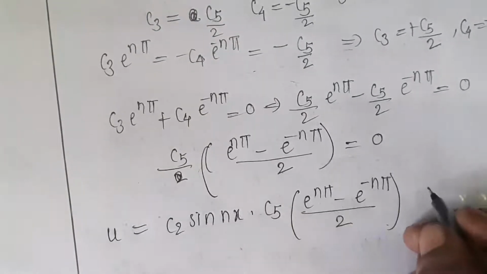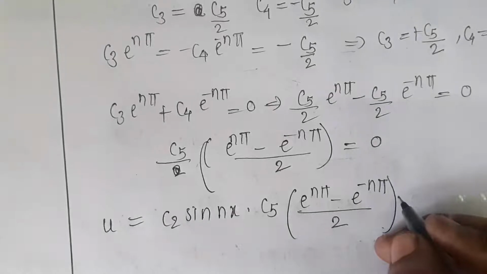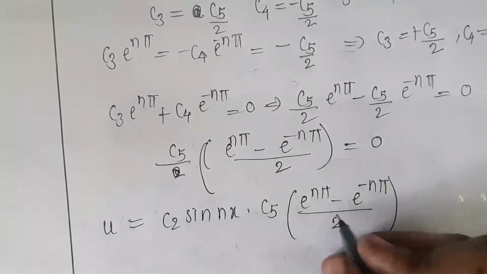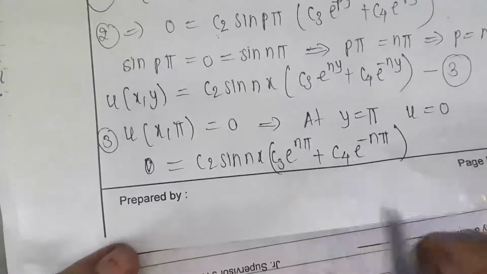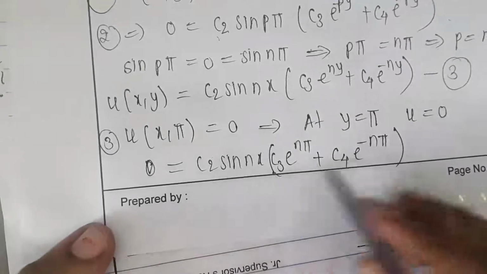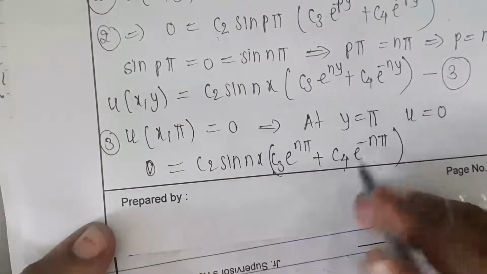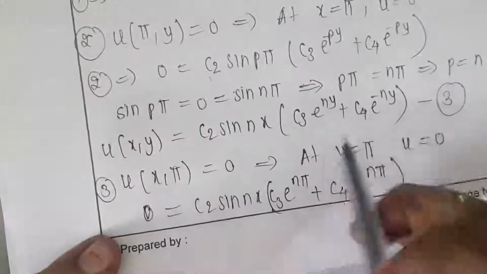Okay, multiplied by, see, you have to substitute the value in this equation. In this equation, if you substitute the value, C3 you get separately, C4 you get separately, multiplied by e to the power ny and e to the power minus ny.